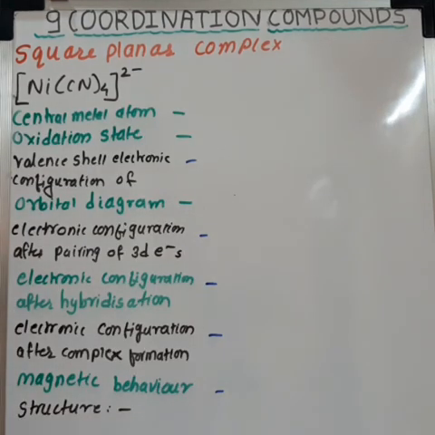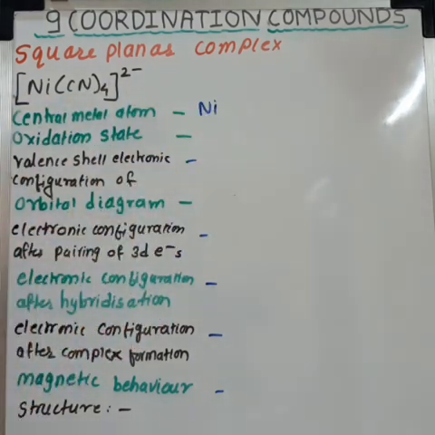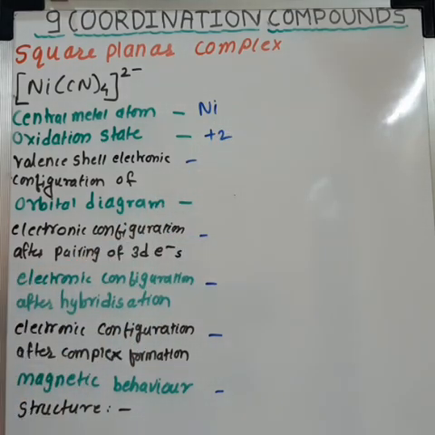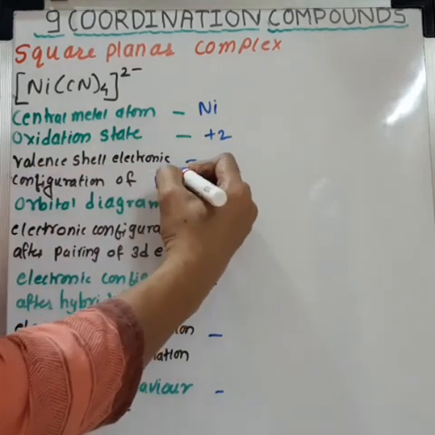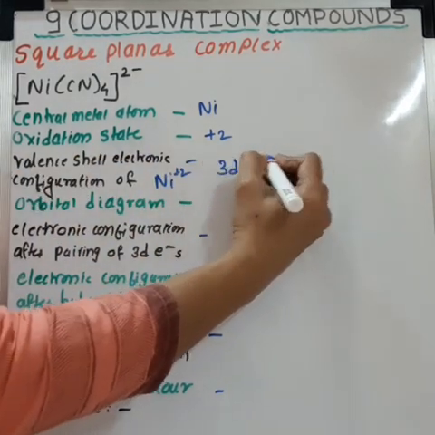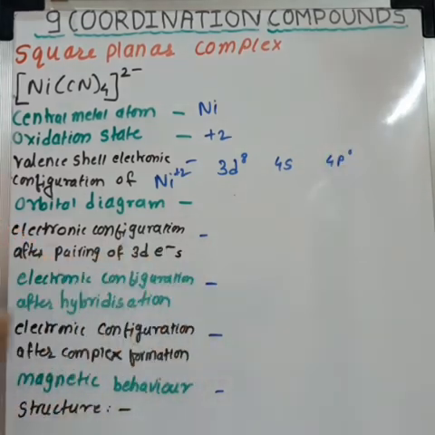In Ni(CN)4 2 minus, the central metal atom is nickel. The oxidation state of nickel is +2. The valence shell electronic configuration of Ni +2 in this complex is 3d8, 4s0 and 4p0.